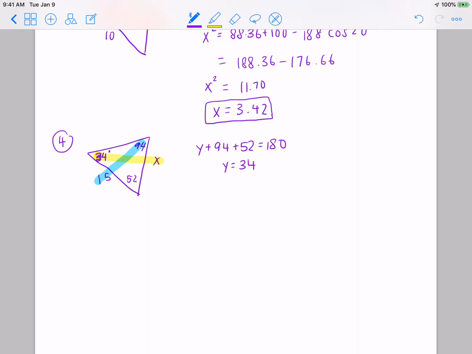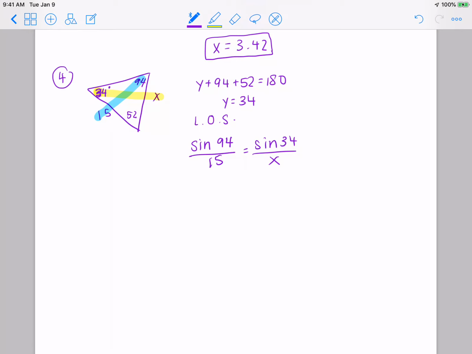If we have two pairs, we're going to be using law of sine. Sine 94 over 15 equals sine 34 over x. Keep going with your math. Cross multiply, you should get x equals 8.41. Show all your work.